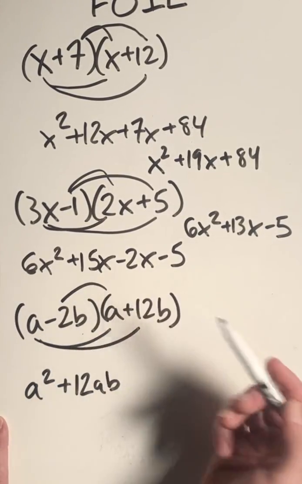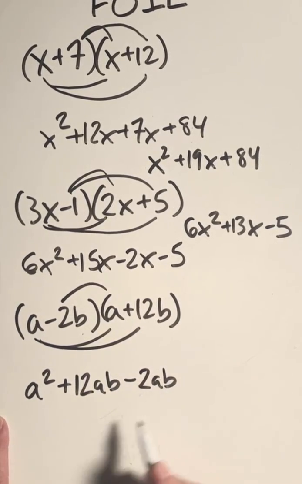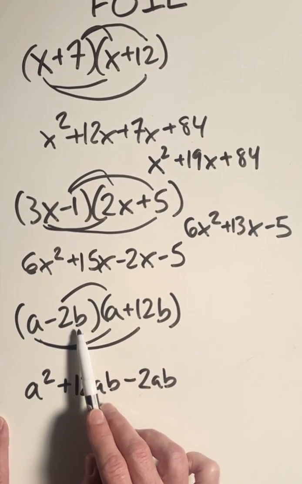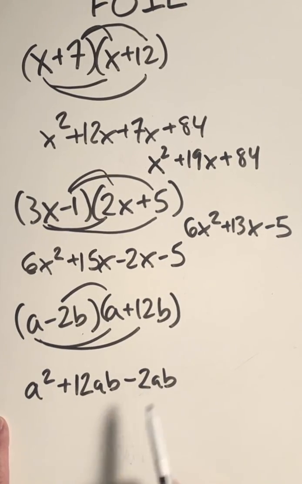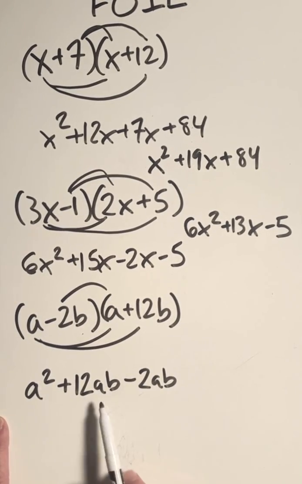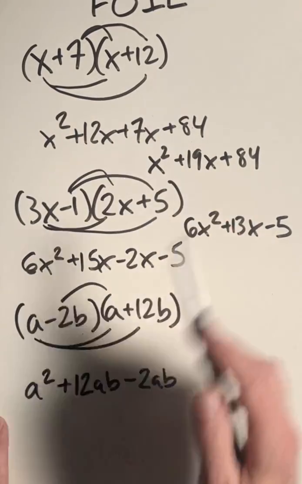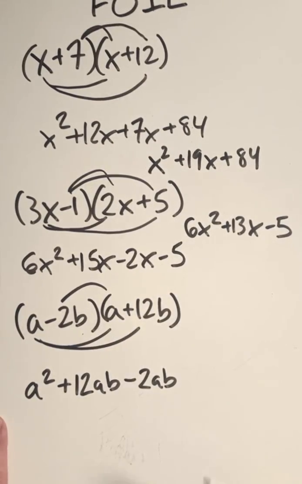The inside terms, negative 2b times a, that would be negative 2ab. Again, these are going to combine. Some students, because the b comes first, will rewrite this as negative 2ba and won't necessarily recognize that the middle terms combine. If you're looking out for the structure of these being identical and that leading to combined like terms in the middle, you will avoid that error.